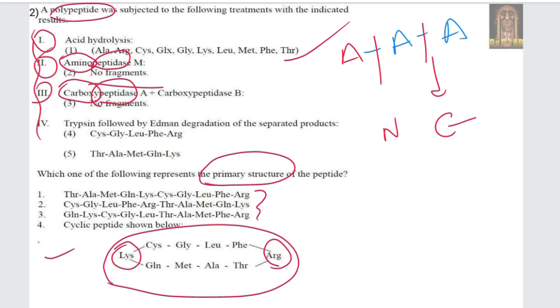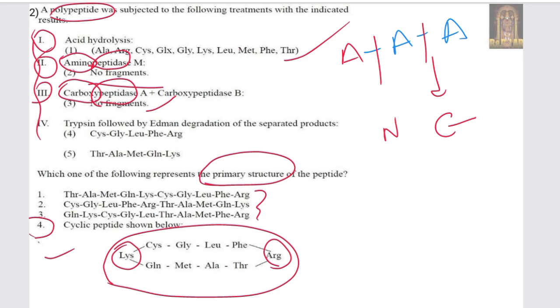And carboxypeptidase B can only cut if there is a lysine or arginine at the C-terminal end. Here it has not produced any fragment, so the sequence might also be the fourth one.